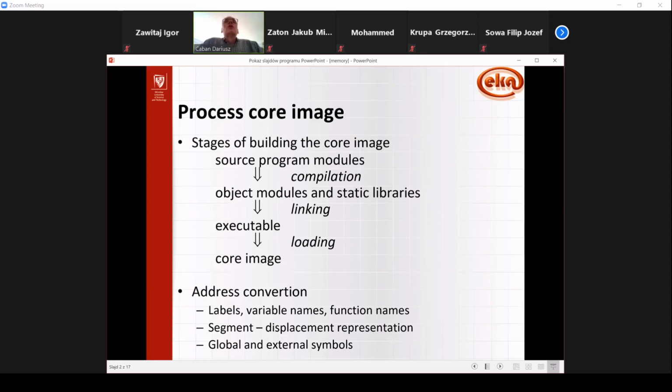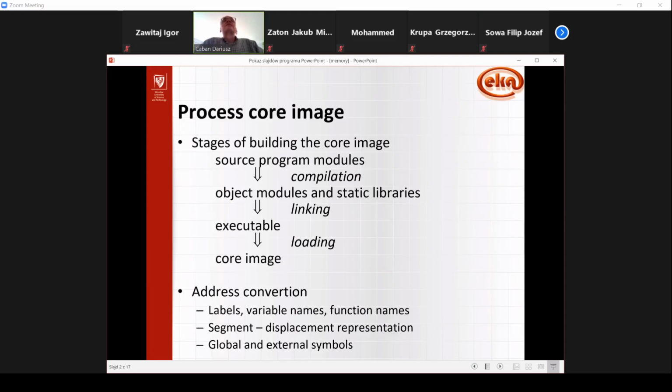Okay, so in case of external variables, when the compiler builds the object module, it builds something which is called the external references table.